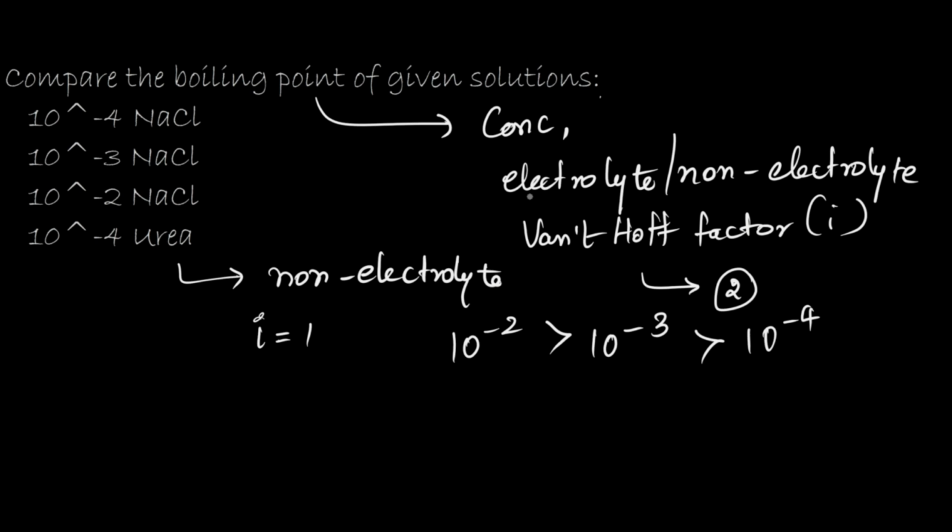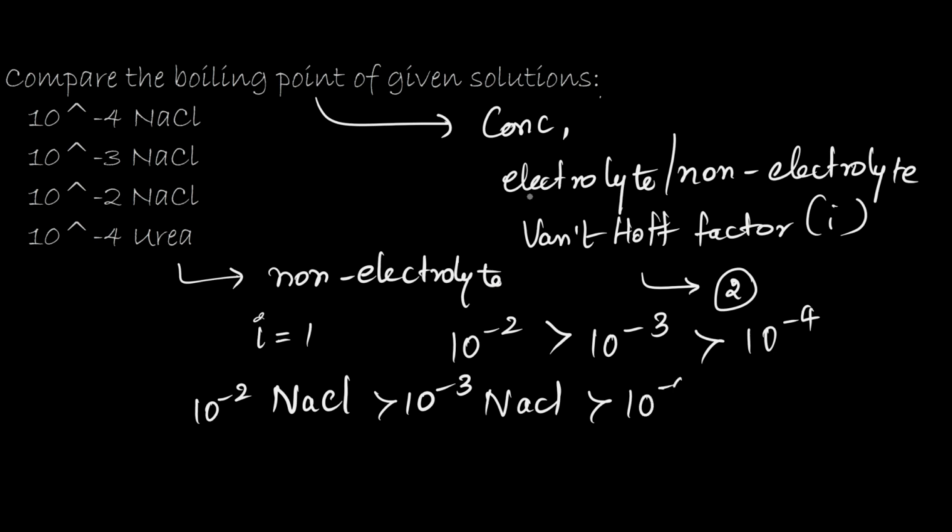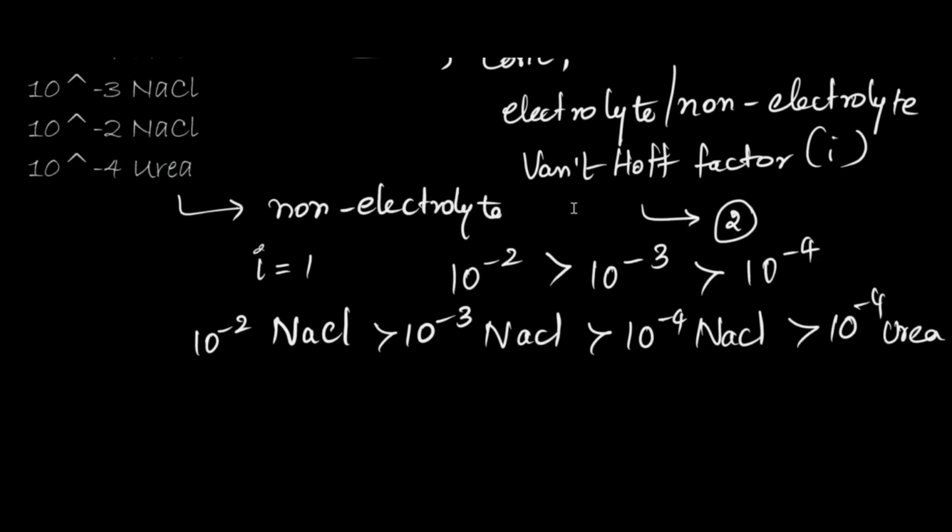So the correct order will be 10 to the power minus 2 NaCl, then minus 3 NaCl, then 10 to the power minus 4 NaCl, and finally 10 to the power minus 4 of urea. I'm not sure this was the exact question asked in the question paper, but this is the question we got.